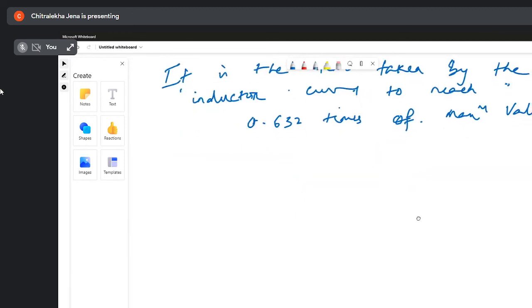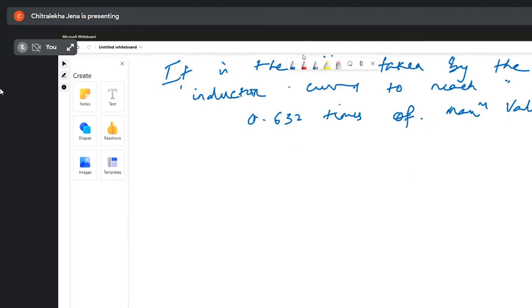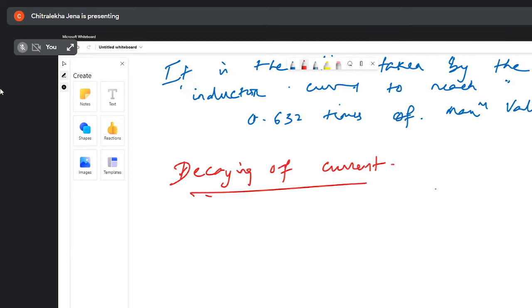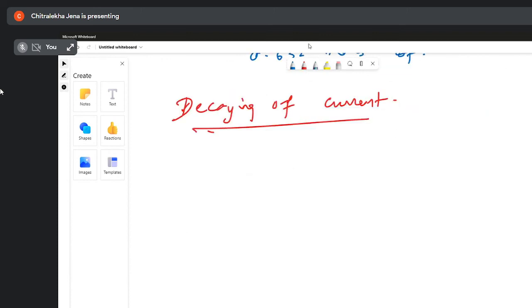Okay. Now come to decaying. Decaying is very easy. What will happen in decaying, tell me? Decaying of current. This was rising of current, here it will be decaying of current. Okay. So now here I will draw the circuit of decaying of current.